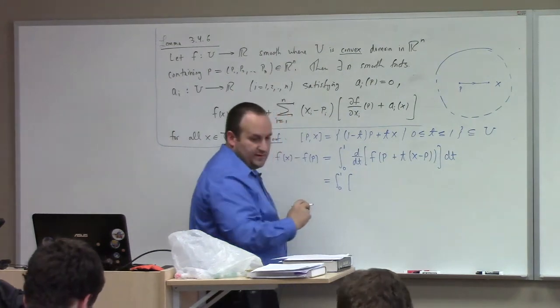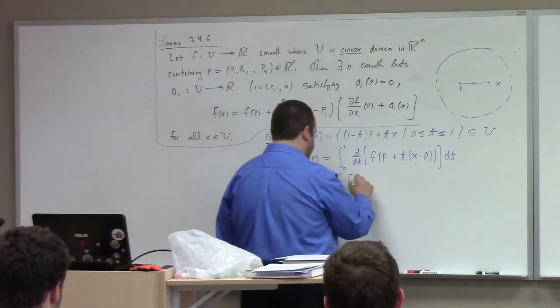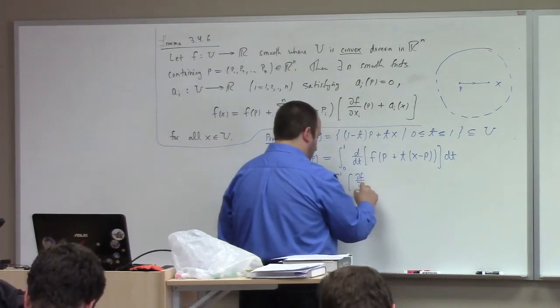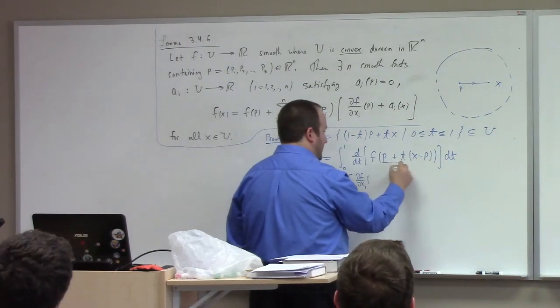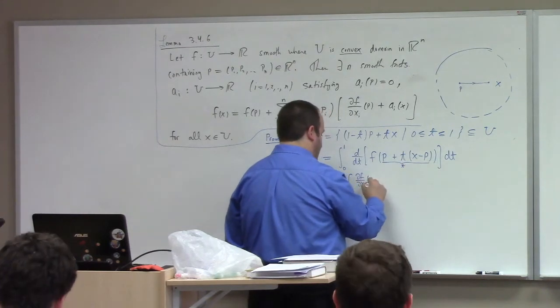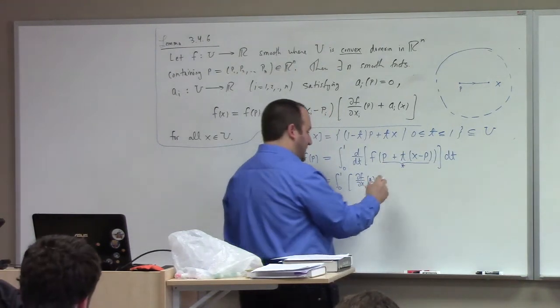So how does it look? It looks like partial f, partial x1 at the point, I'm tired of this. Let me call this stupid thing star. At star, times what?